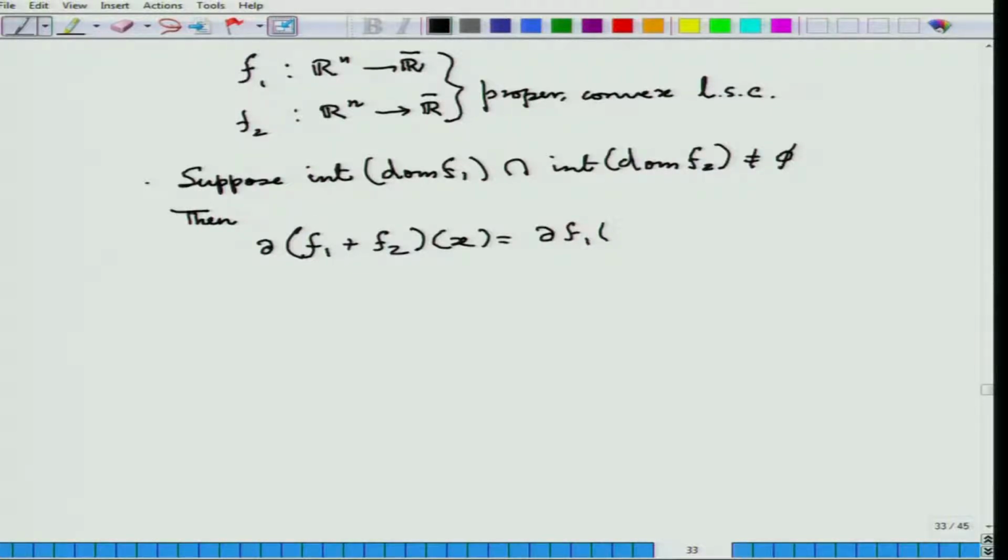This is a very big advancement in convex analysis. This is called the Moreau-Rockafellar theorem.